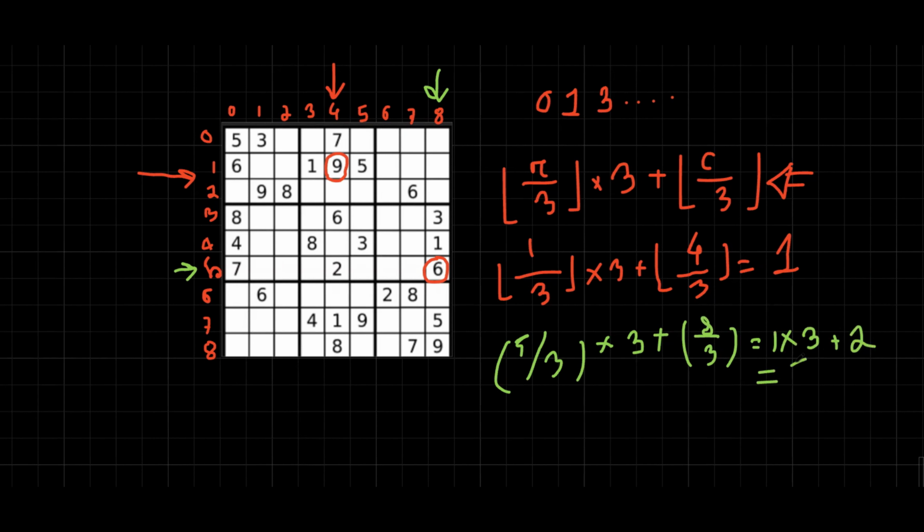So it will be 5. According to the zero based index, it is the 6th sub box, because it is 0, 1, 2, 3, 4, and 5. That means we can say that the element 6 basically belongs to the sub box which has the index number 5.